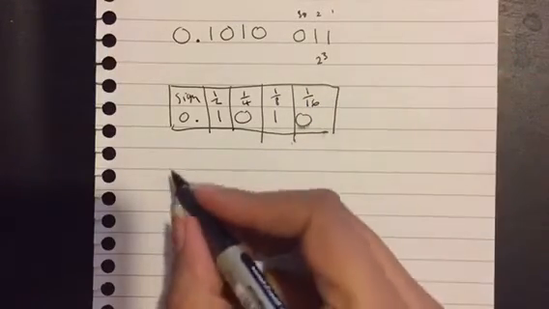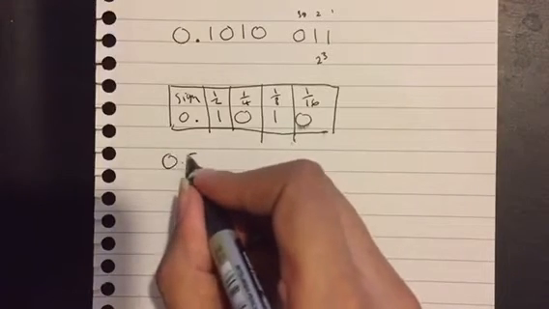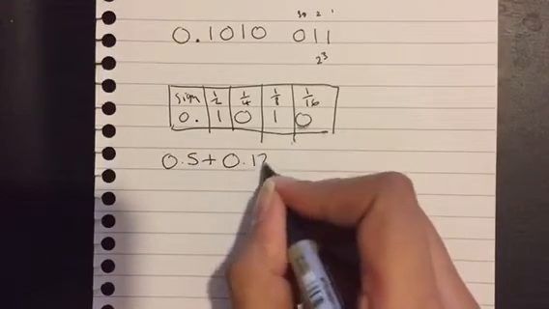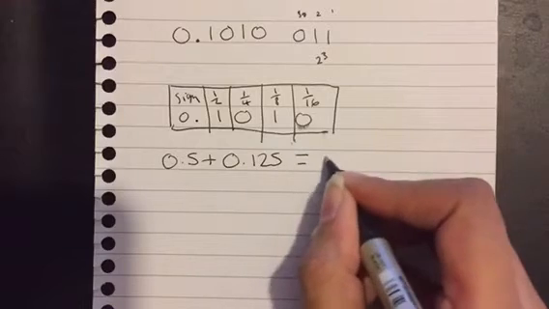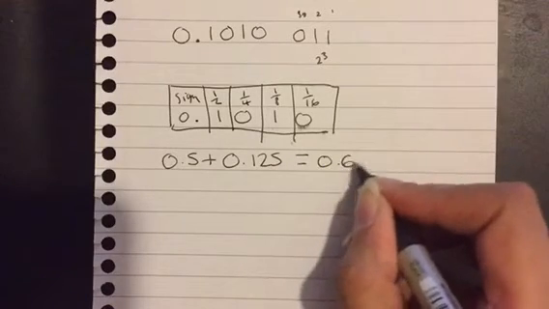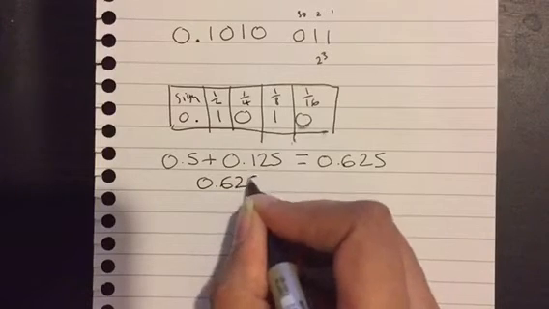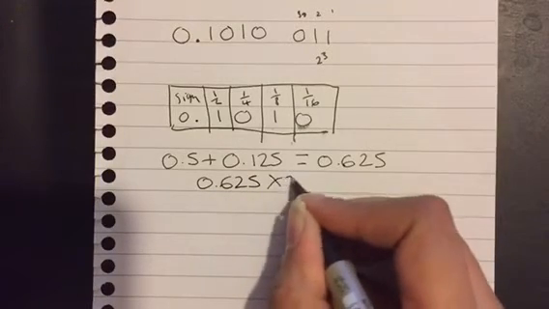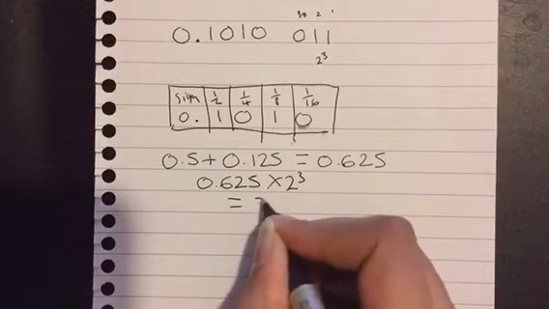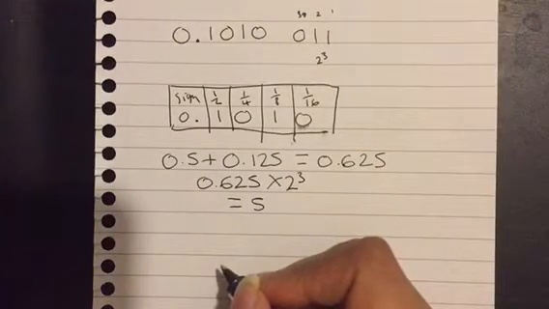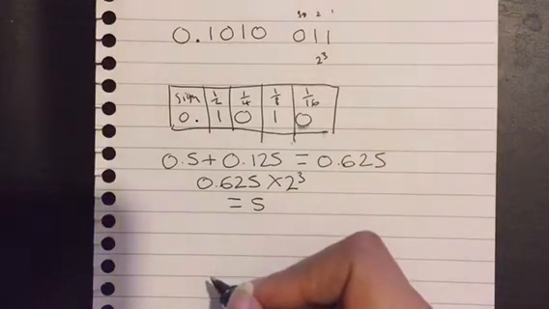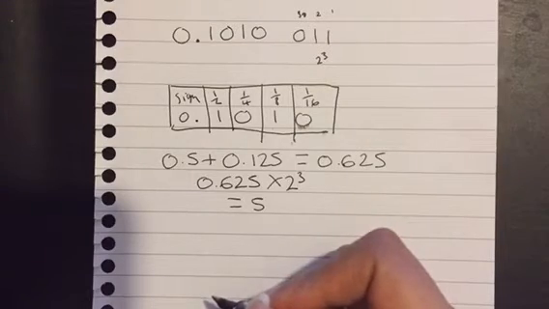Right, so what have we got? We've got 0.5 plus 0.125, which gives us 0.625, and then we're going to do 0.625 times 2 to the power of 3, which gives us the number 5. Okay, and we can check that on the calculator as well, just to make sure we've got it right.